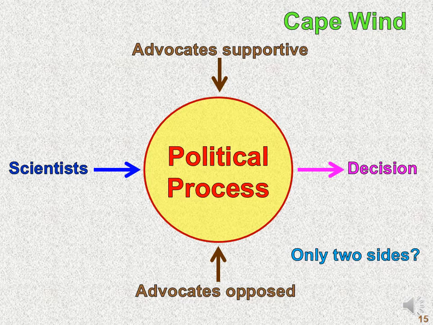So an early lesson to learn is there are not only two sides. Every case study involves multiple sides. We tend to look at projects as those in favor and those against, but people are in favor of or against for many, many different reasons, and there are a lot of opposing views that vary depending on the nature of the policy option on the table.